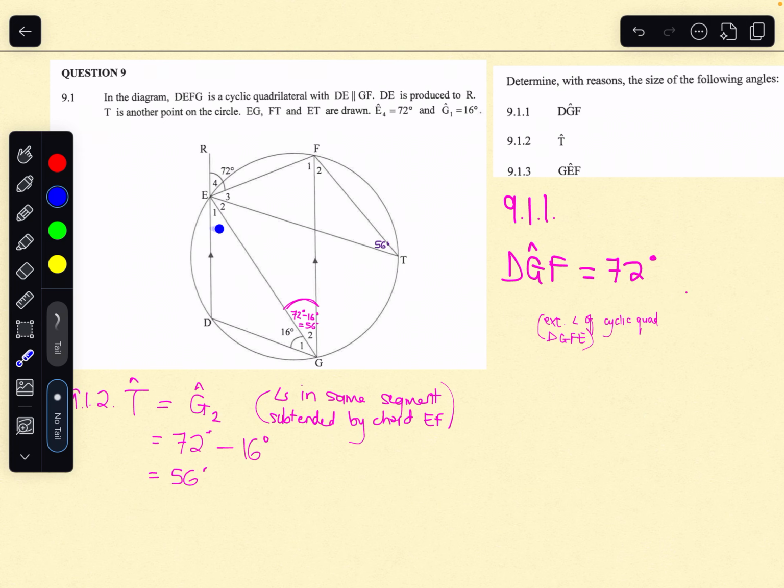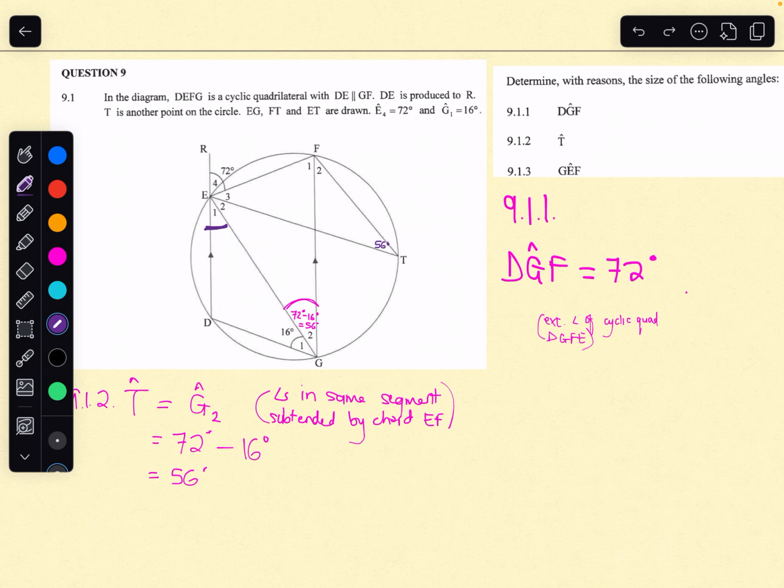Either way, we're going to need to figure out how big this part is. And I think for this, we definitely have to use the alternate angles. Don't know what else you could use. This chord subtends that angle, but it isn't really doing anything else. So let's do that then. We're going to work out the size of this angle using alternate angles.